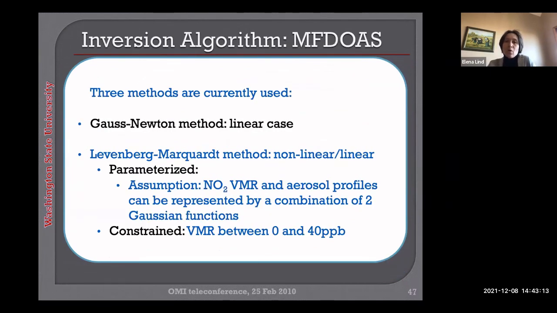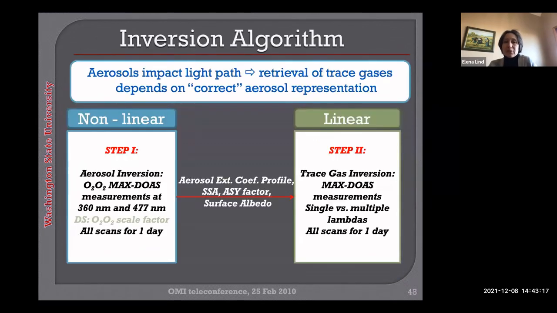There are different ways of retrieving that, but usually the MaxDOAS community goes in two steps. First, they do an aerosol inversion, where they use O2 data, and that produces the profile. Single scattering albedo is typically taken from somewhere else.